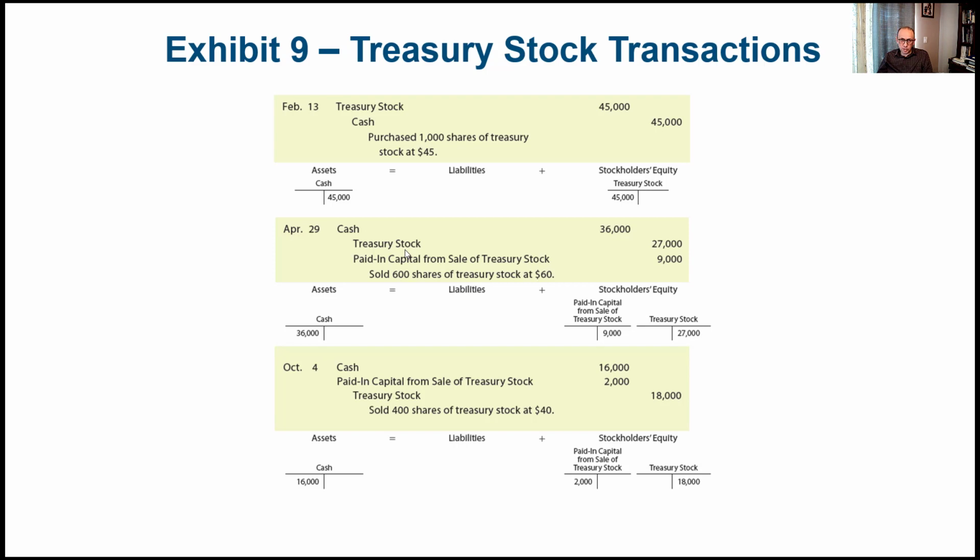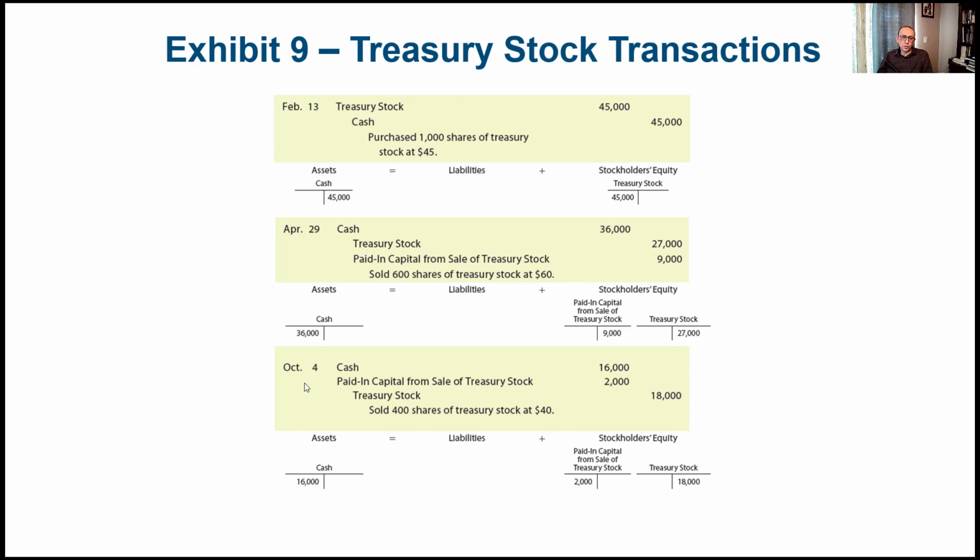Whenever we're dealing with treasury stock based on the cost method, we use the purchase cost, which was the 45. So we take 600 multiplied by $45, and that's $27,000. The difference between the 36 and the 27, which is $9,000, is going to be treated as paid-in capital from sale of treasury stock, which is again part of the paid-in capital.